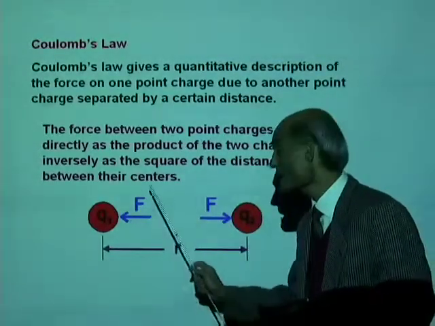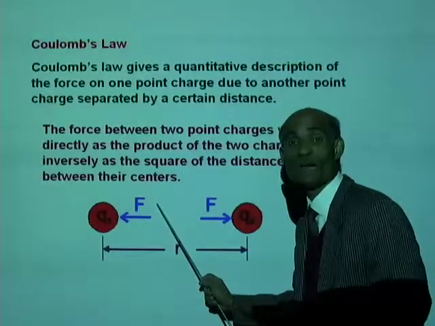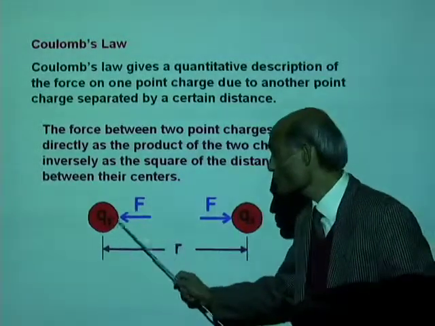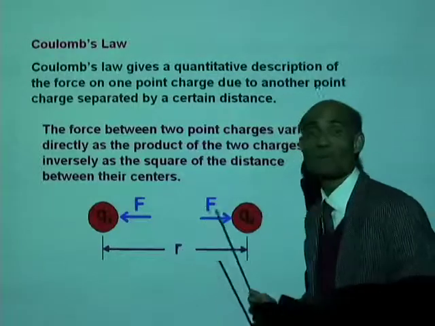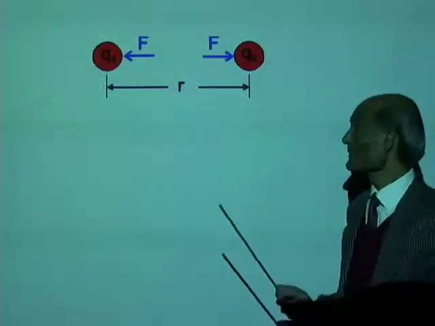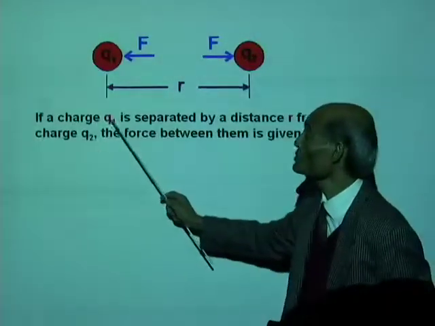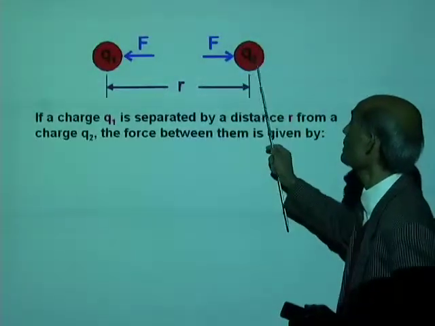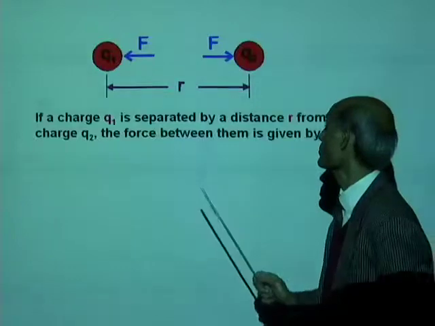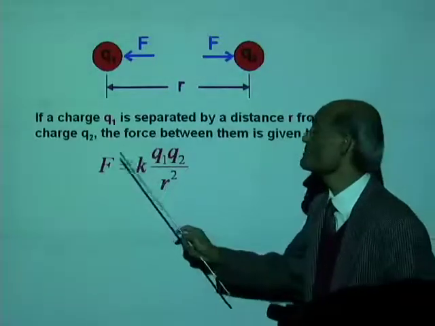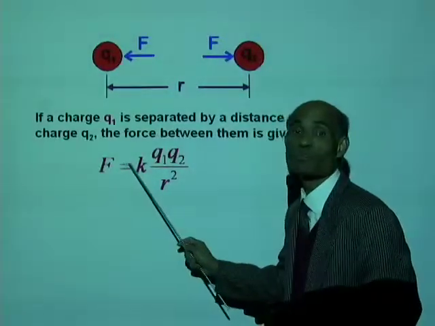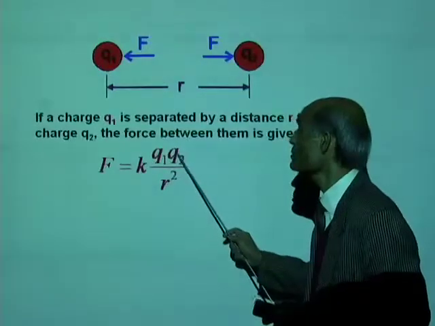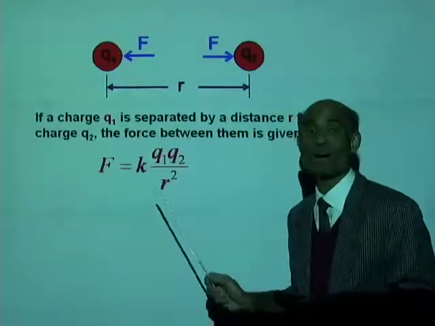So I can write it as F equal to a constant times Q1 Q2 divided by r squared. There you are. So if a charge Q1 is separated by a distance r from a charge Q2, the force between them is given by F equal to K Q1 Q2 over r squared.